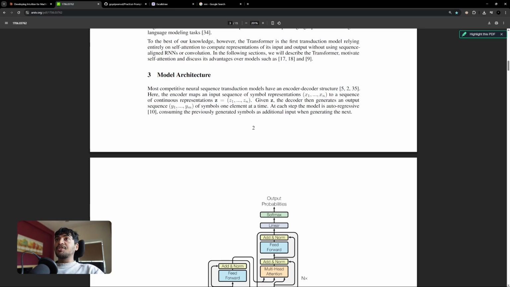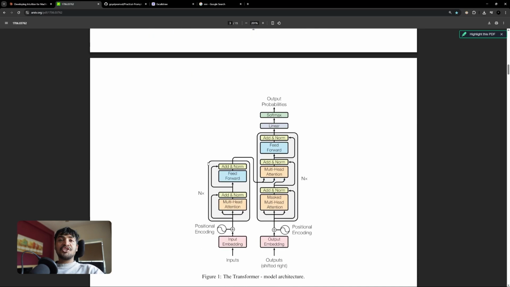Model architecture. So this image over here is arguably one of the most famous images in all of machine learning, in my opinion. And it captures so much information in one single image that it is absolutely mind-boggling. Over here, you have something called skip connections. Over here, you have the multi-head attention, which itself has the scaled dot product attention.